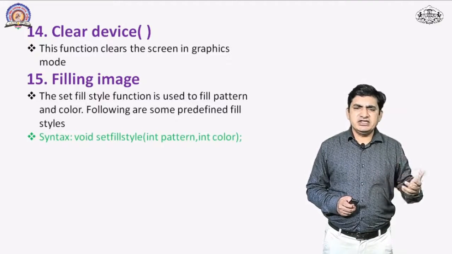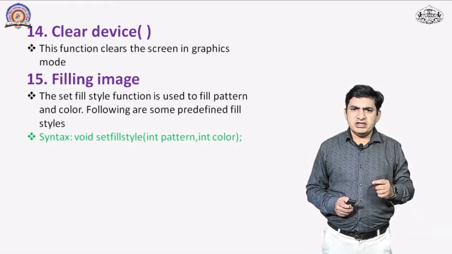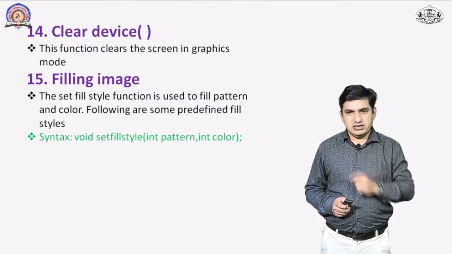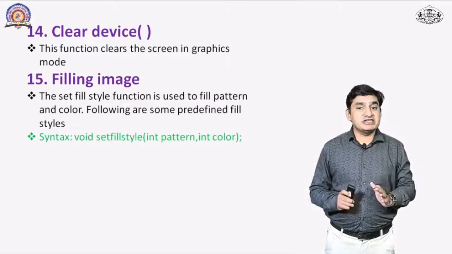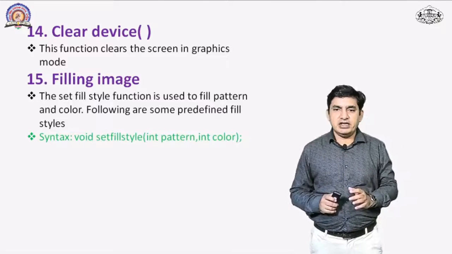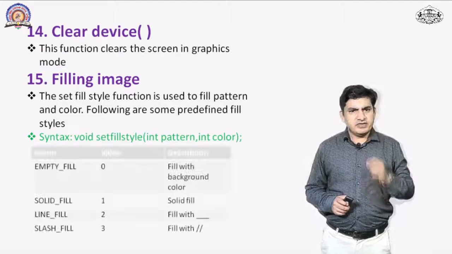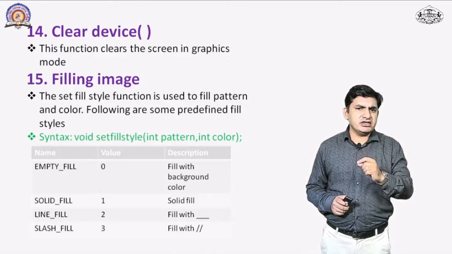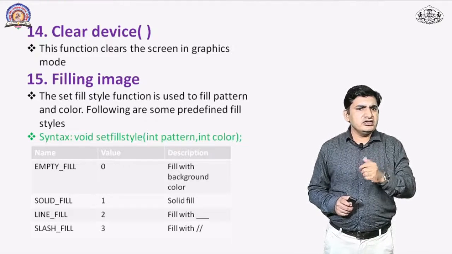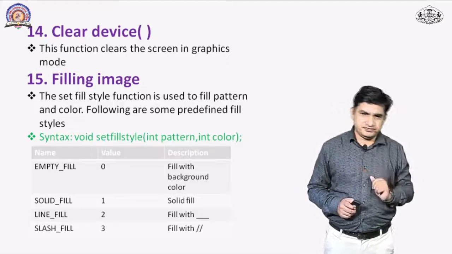First, what is the syntax of this fill? void setfillstyle(integer pattern, integer color). The first integer represents the pattern, while the second integer represents the color. When we use pattern 0, there is an empty fill. It indicates fill with the background color.